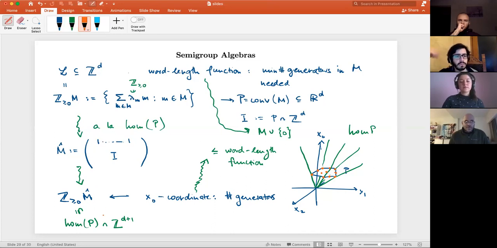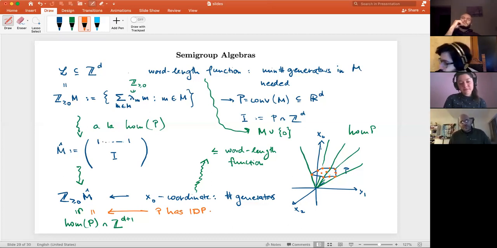If these two things are equal, then we say that P has the integer decomposition property, IDP, integer decomposition property. Sorry. For this we don't need this top part.